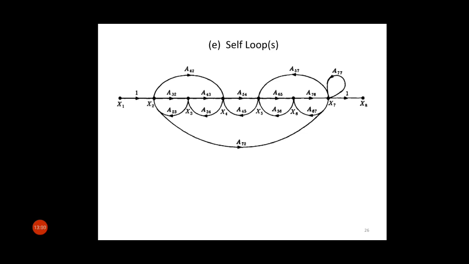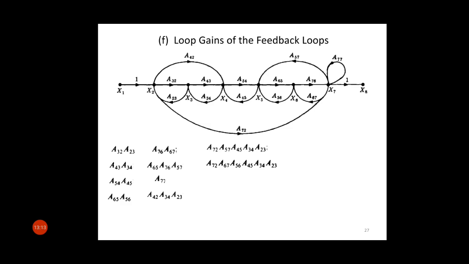I have already mentioned the self loop, which starts from x7 and terminates at x7. So how many loops are there in this signal flow graph? There are ten loops.